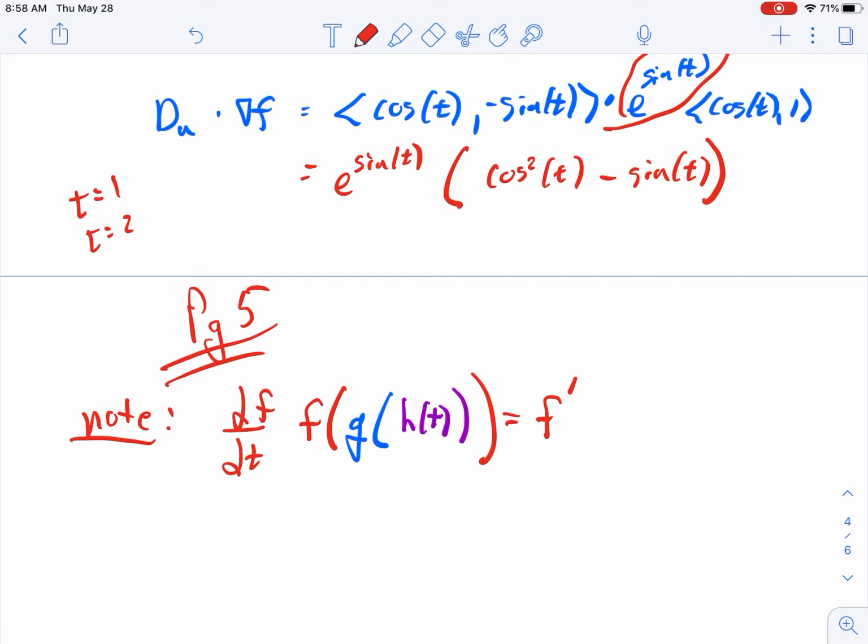So what you have would be like, say, f prime, and basically you have g of h of t times g prime of h of t times h prime of t. So yeah, you can do different scenarios, and there's a huge amount of different scenarios you might see. And a lot of times when you look at physics, or chemistry, you'll see that you're plugging more than one value into some kind of function.